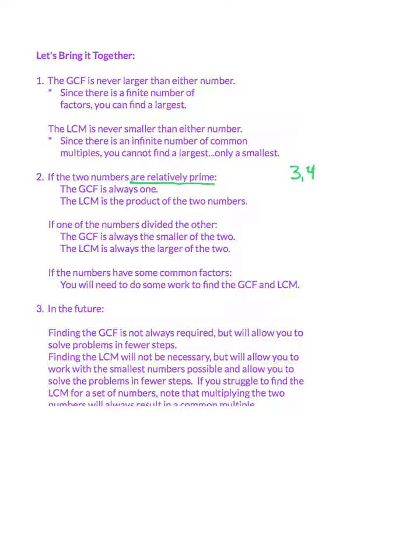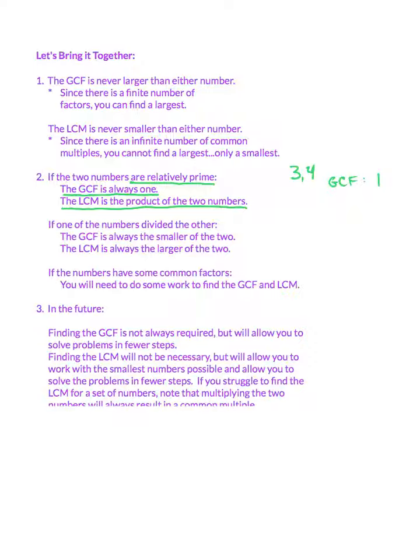So what it means is if they are relatively prime, the first thing that we have is the GCF is always 1. And that was what we came up with. They have no common factors other than 1. The least common multiple, since they have no common factors, is going to be the product of the two numbers.